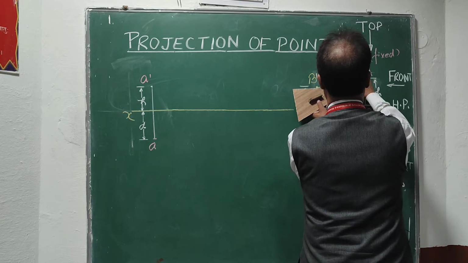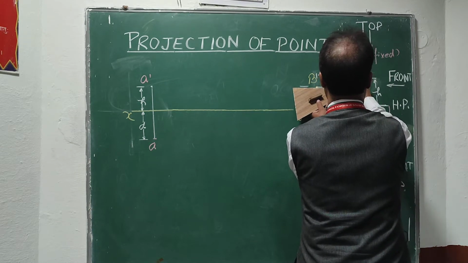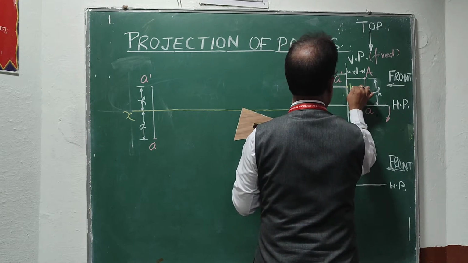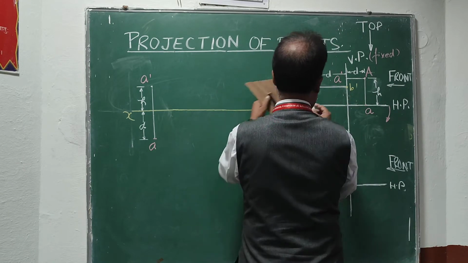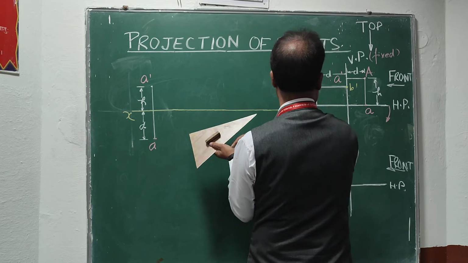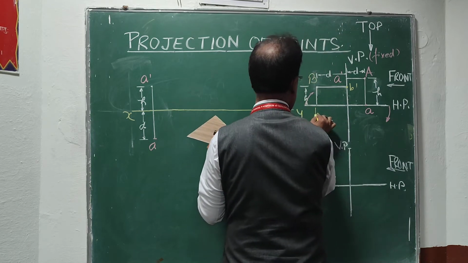So if I drop a perpendicular from this on this plane, that will be front view small b dash. Again drop a perpendicular on the HP, that will be small b.